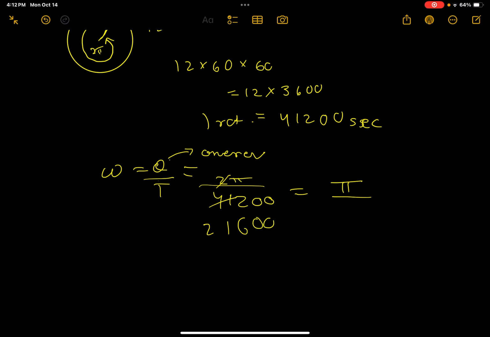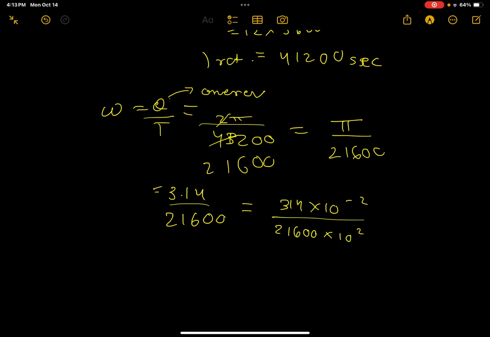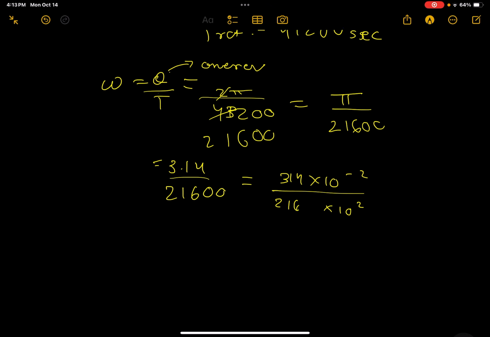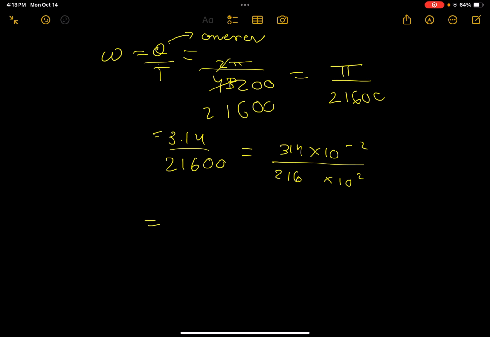Oh, I'm sorry, this is 43200, so this is 21600, and this is equal to 3.14 upon 21600, which is equal to 314 times 10 to the minus 2 upon 216 times 10 to the power 2, which is equal to 1.45 times 10 to the minus 4 radians per second.